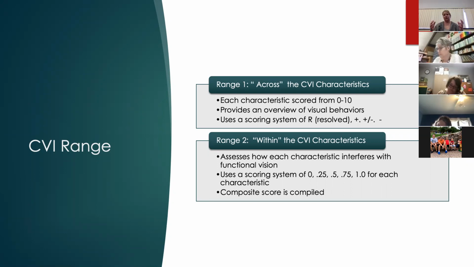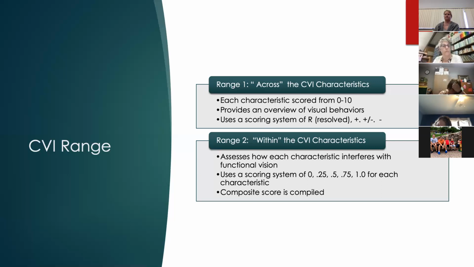You can get kids up to a 9. It provides an overview of visual behaviors, and then it uses a scoring system. It says it's resolved, which just means that they don't have problems with that anymore. Or it can use a plus, yes, we're seeing that behavior, a plus or minus, sometimes we do, sometimes we don't, or a minus, no, we're not seeing that behavior.